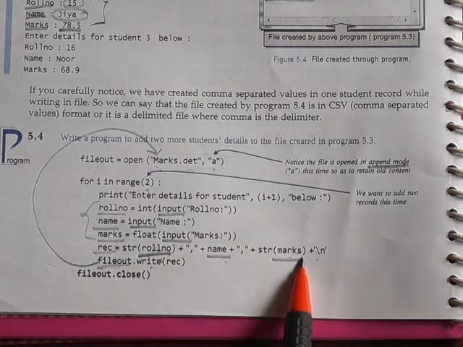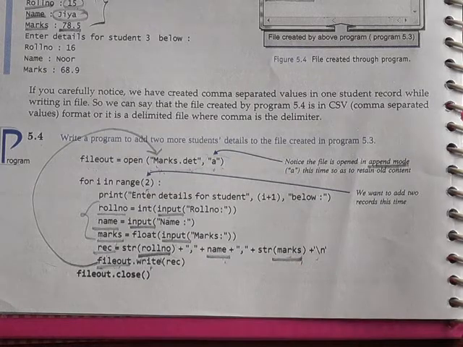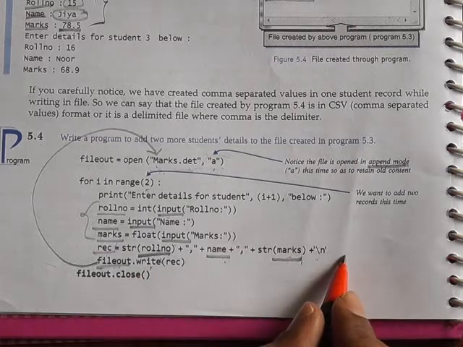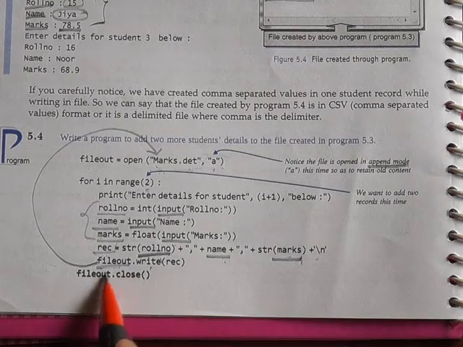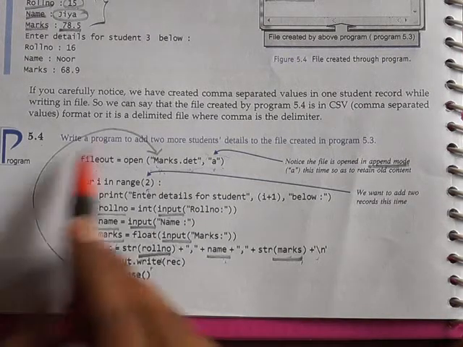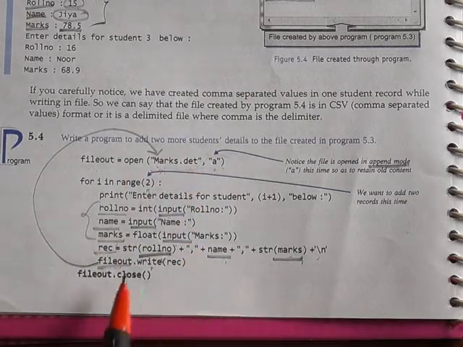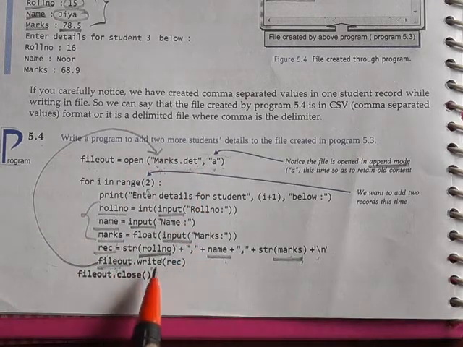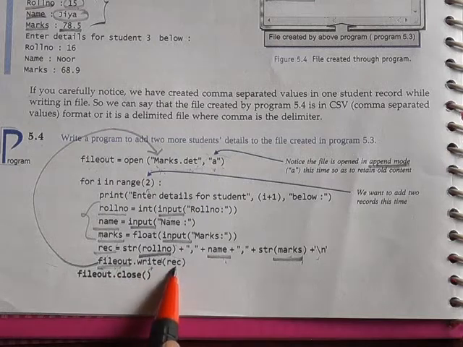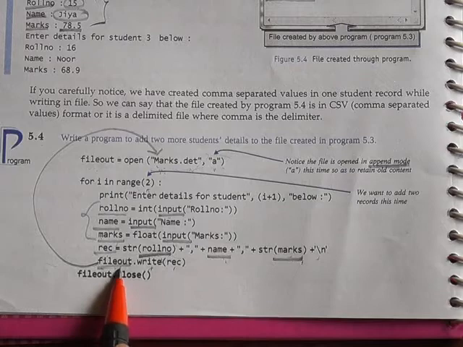All these 3 things will be joined in the same line. Understand? Okay. Then what is called file out? File out is nothing but marks.det. In marks.det something is going to be written. What is that? In rec, what is there now? That thing will be written in file out.